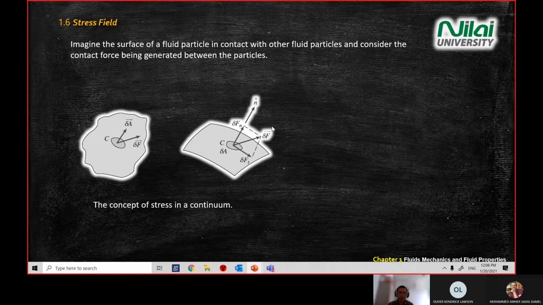You learned about vectors. So this is the application of vectors, where your force now expands to normal and tangential. Now this force, if you divide it by area, it becomes stress, because stress equals force divided by area.